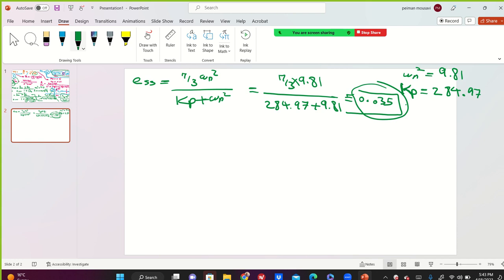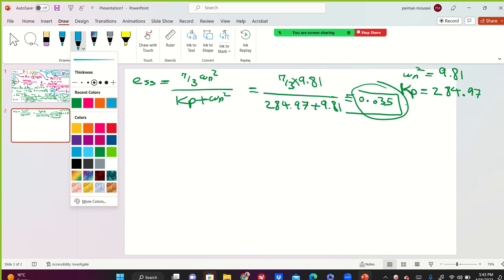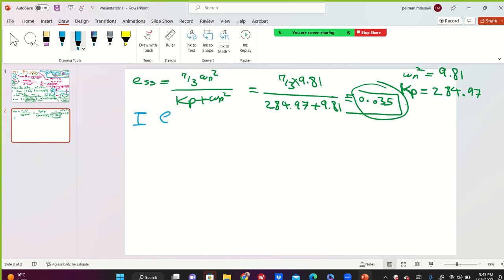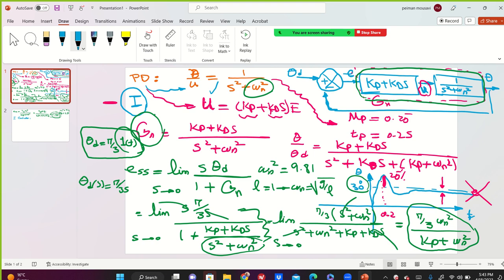Okay, good. So here you get to know the I controller, the integrator. I'm going to take you back here and delete all of this.